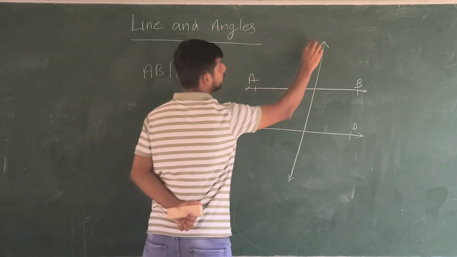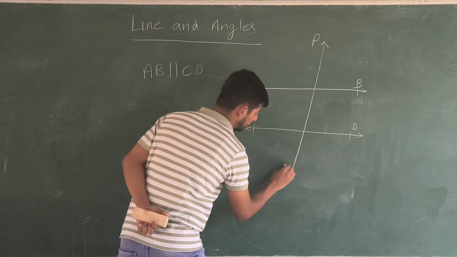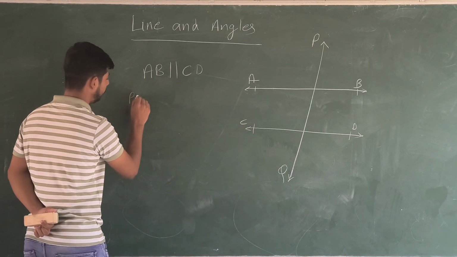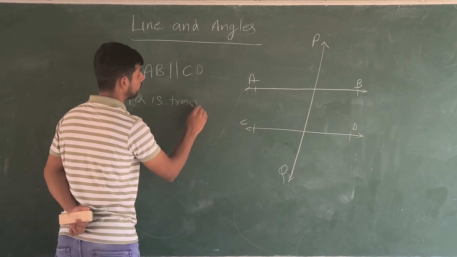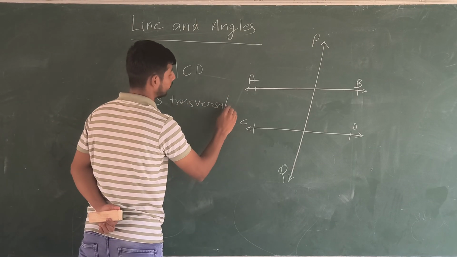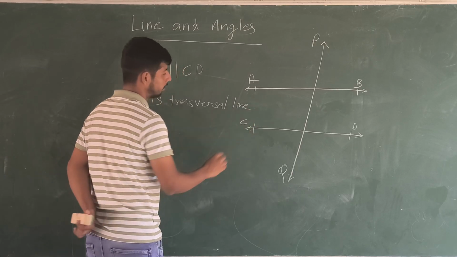Let's say PQ, or anything we can say. PQ is the transversal line.